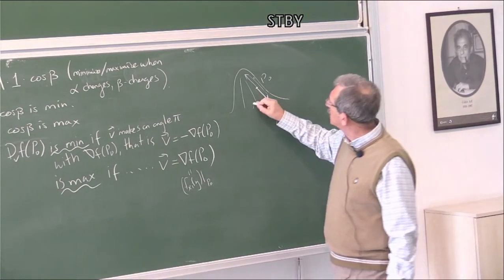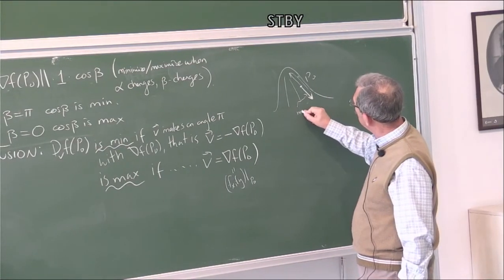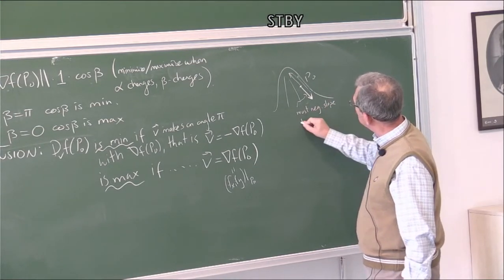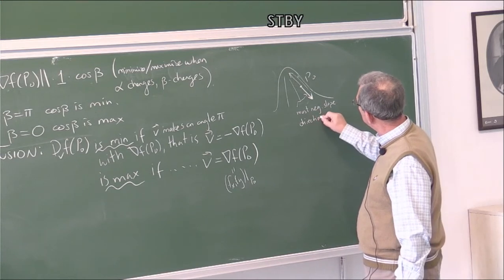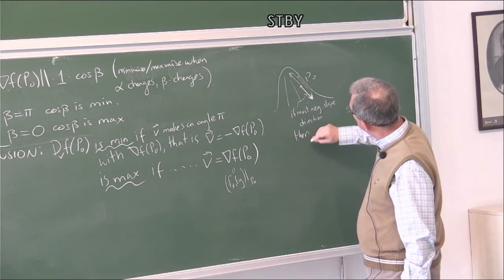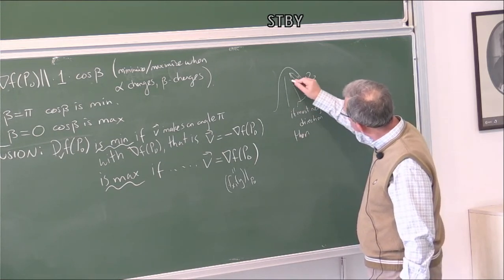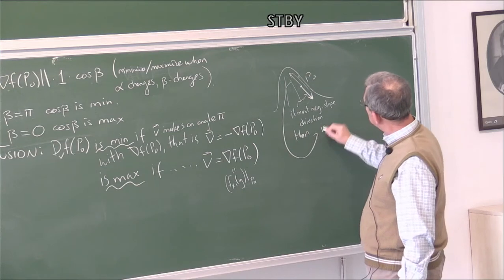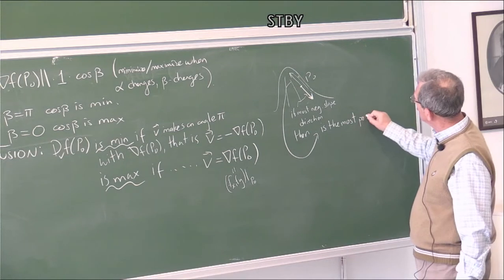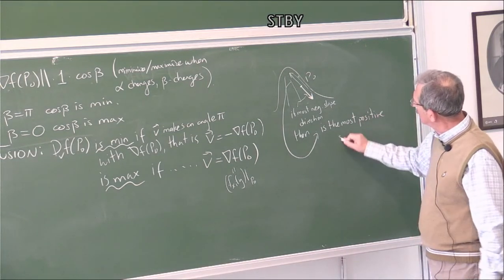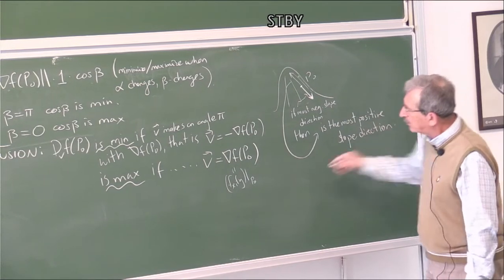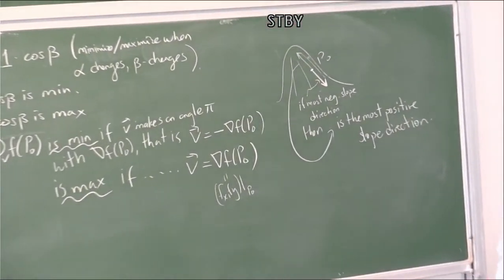So if this is the most negative slope direction, then this is the most positive slope direction. They are opposites of each other, as we would expect.